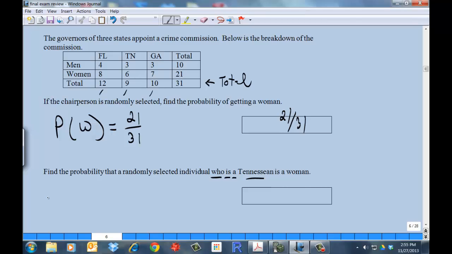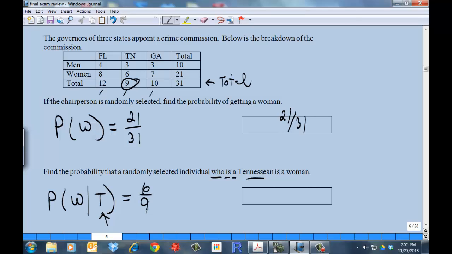So the way that we write that is, what is the probability that we pick a woman given the person is from Tennessee? So what we're going to do is we're going to restrict ourselves only to the individuals from Tennessee, which are the 9 individuals here. And then of these 9 individuals, how many of them are women? 6. 6 out of 9.